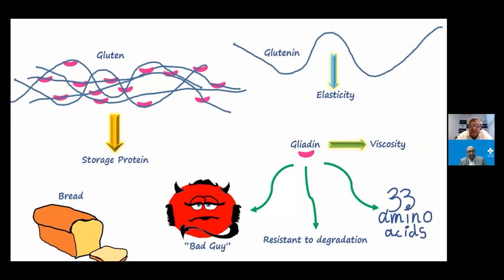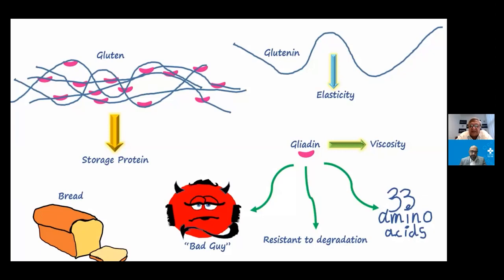It triggers the immune response in genetically sensitive individuals. It's a polypeptide of 33 amino acids in length, which is a fraction of the gluten molecule and is particularly important in the pathogenesis of celiac disease.